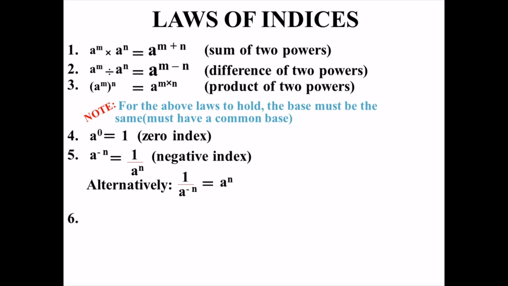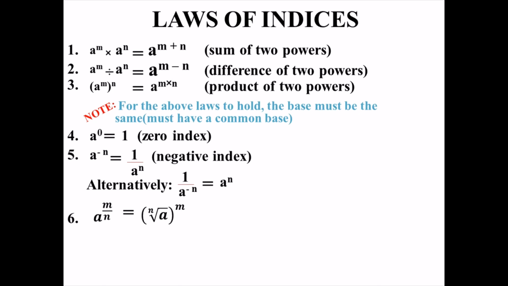Let us look at law number 6. Law number 6 deals with fractions. If you have a number a raised to the power of m over n, it is the same as the nth root of a, raised to m.